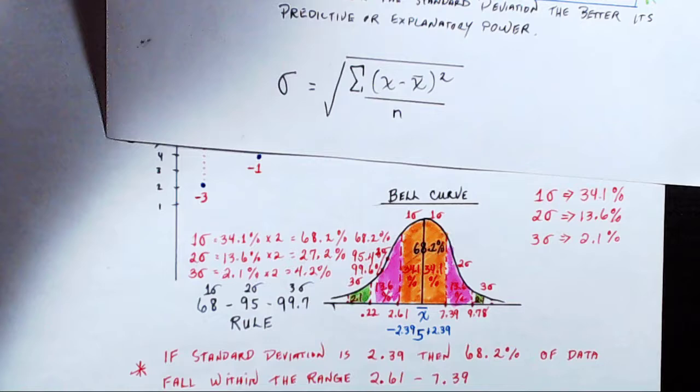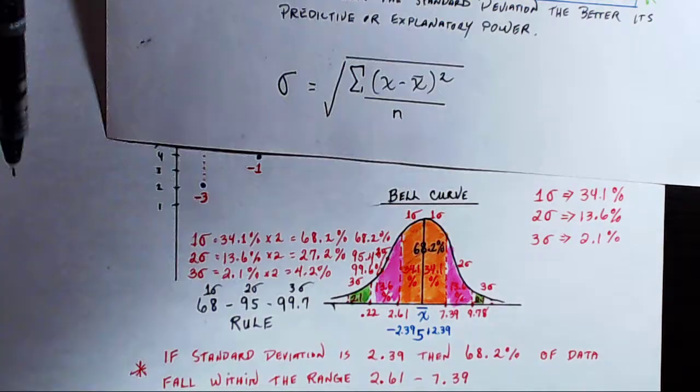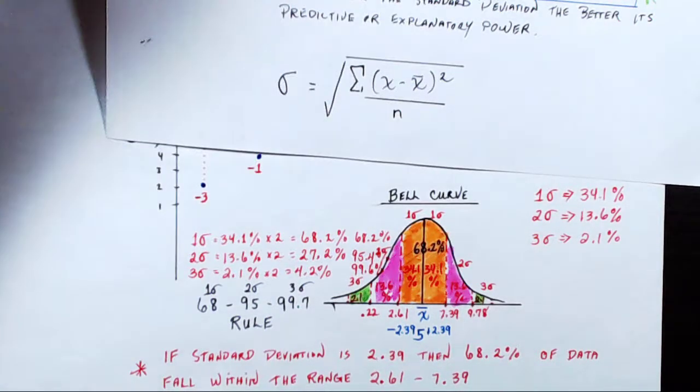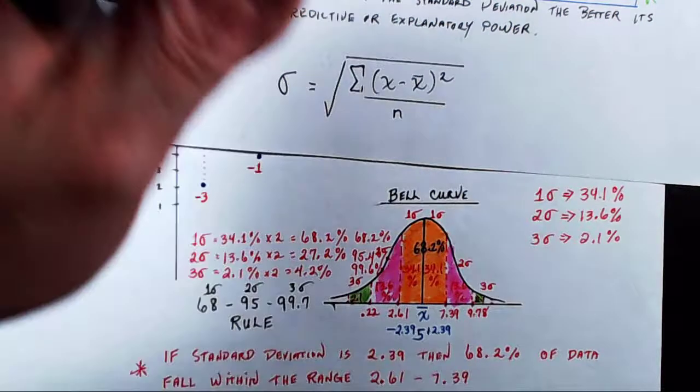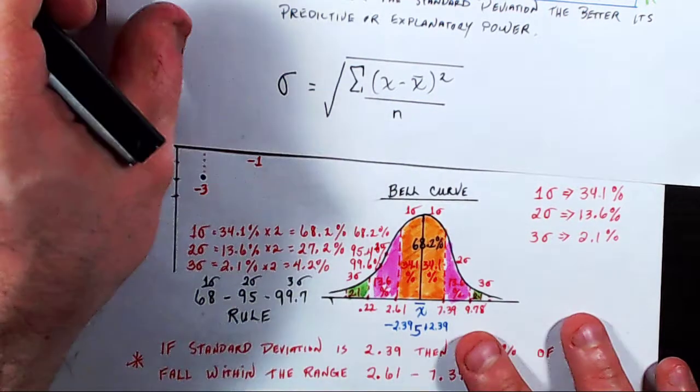But in our case, the standard deviation was 2.39, so it says that 68% of the data fall within one standard deviation of the mean, which means 68% of the data fall within 2.61 and 7.39. And that is not very useful as a tool. It means that there's quite a large variance in the data.